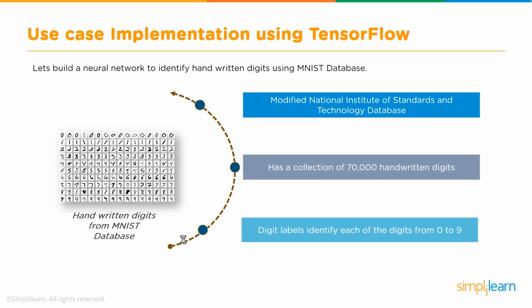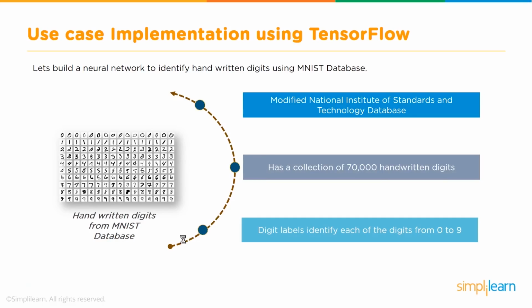MNIST also offers a bunch of built-in utility functions that we can straight away call without worrying about writing our own functions. And that's one of the reasons why the MNIST database is very popular for training purposes. Initially, when people want to learn about deep learning and TensorFlow, this is the database that is used.